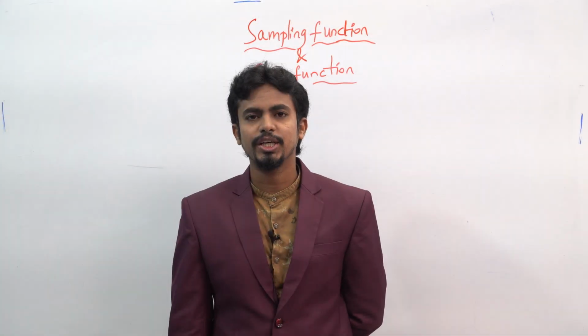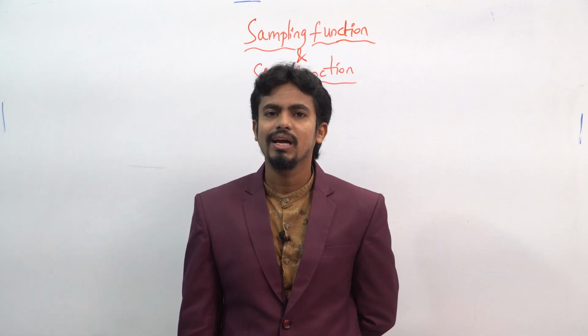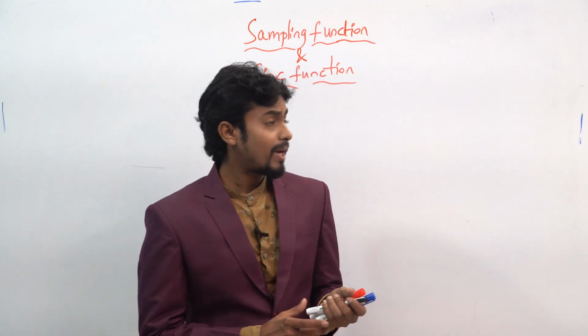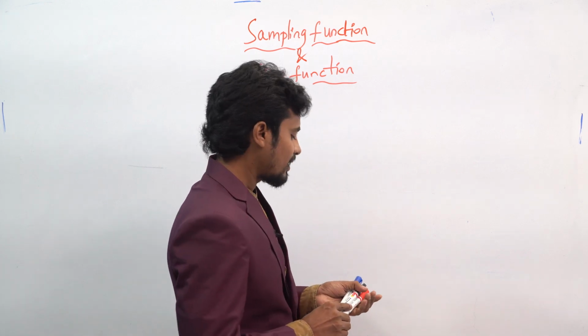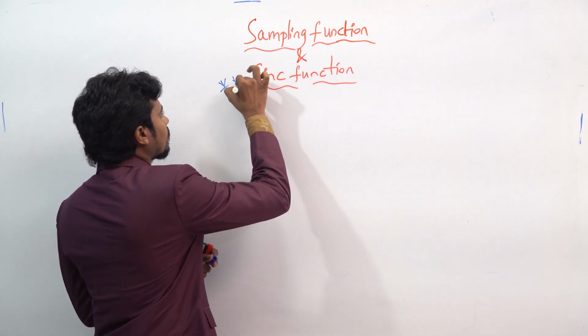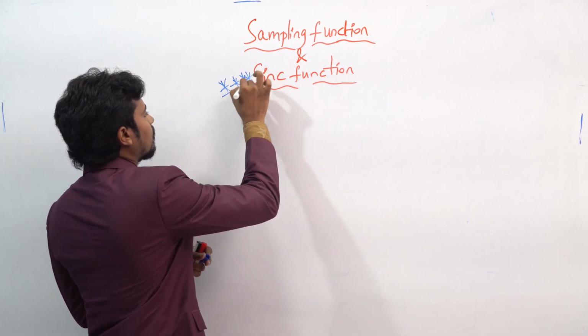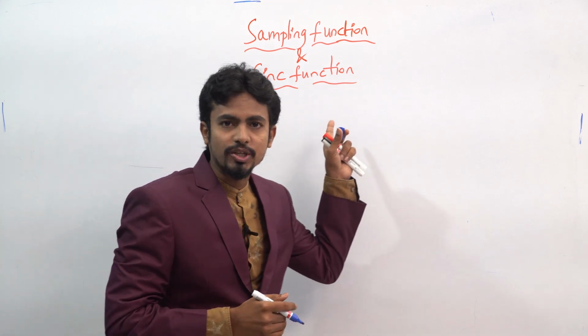Now let's see another standard continuous time signal, that will be the sampling function as well as the sinc function. Compared to the sampling function, from your examination point of view, the sinc function will be very important. Most of the questions will be designed based on this sinc function only.